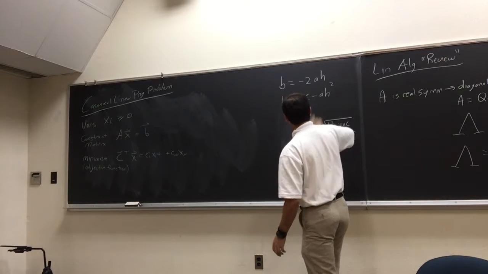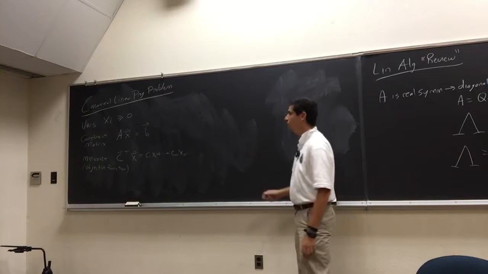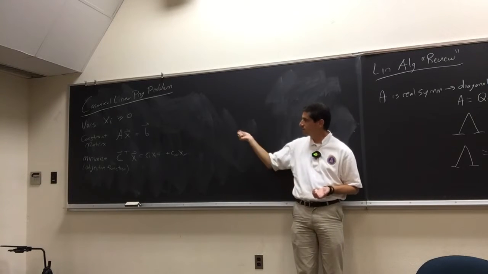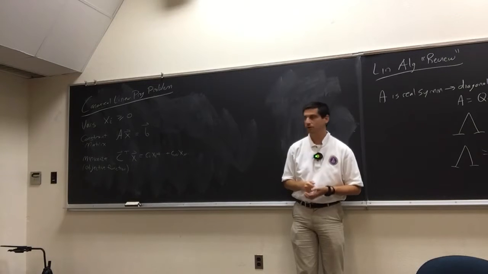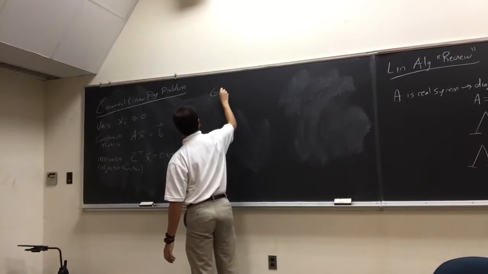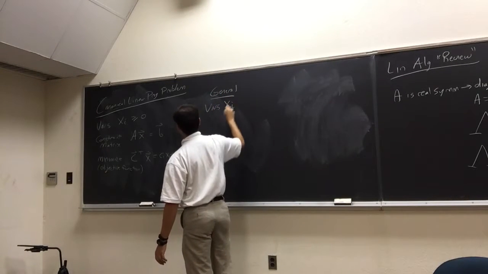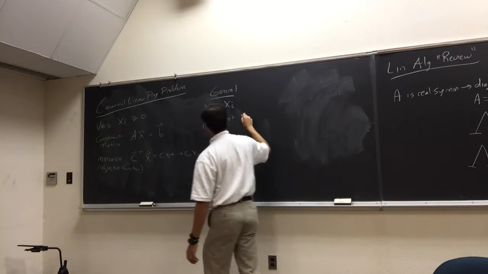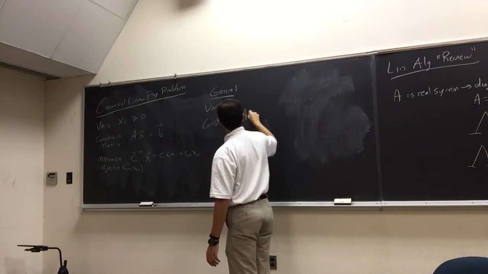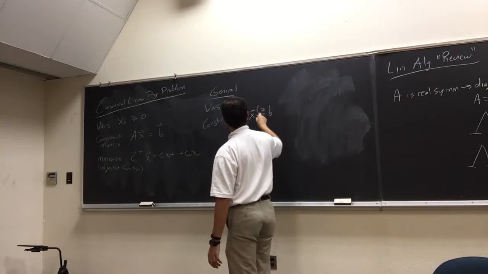So the question is, how do we handle all of this? So what I want to do is I want to take a general linear programming problem where I have some kind of variables, some kind of constraints, and some kind of objective function. So the general case is I just have variables x_i, I have a constraint Ax greater than or equal to, less than or equal to b.